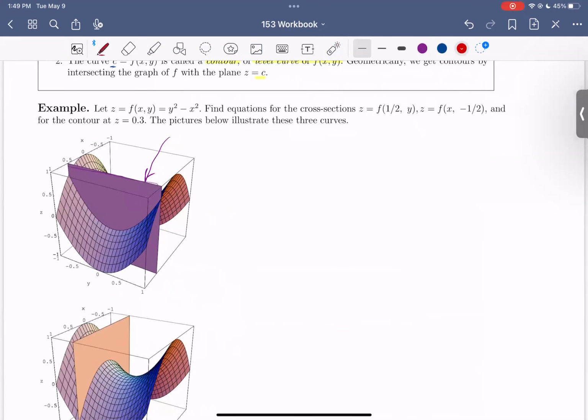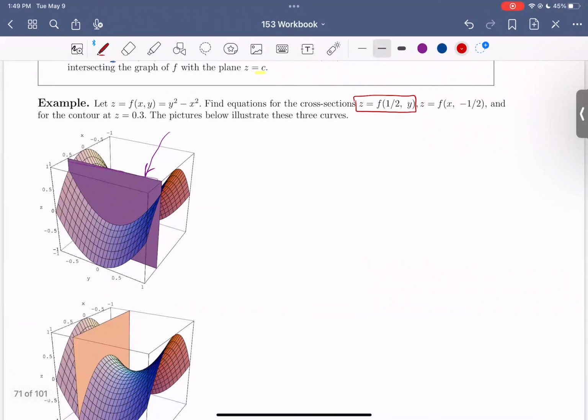When we look at this cross section, when x is 1/2, we're going to get the shape created where this plane and our graph intersect. That's the shape that we're going to get. Let's see how that works algebraically. To do that, we're going to find the equations of the cross section. Here, for this first example, x is equal to 1/2.